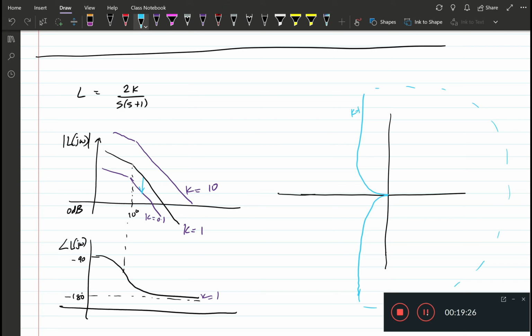We would just scale this down to something like this. So that would be k equal to 0.1, and for k equal to 10, we would just scale it up, so it would be something like this, and then the mirror image.